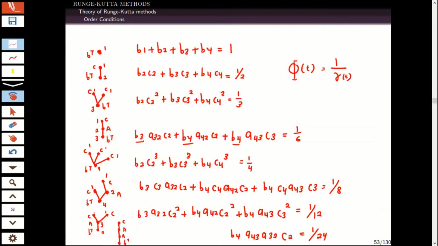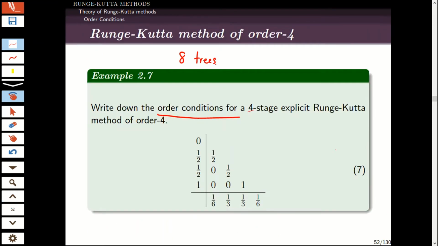So this is the order condition for order 4 methods. Okay, so you have to satisfy 8 conditions: 1, 2, 3, 4, 5, 6, 7, 8. So you can check for this method whether the conditions are satisfied or not.